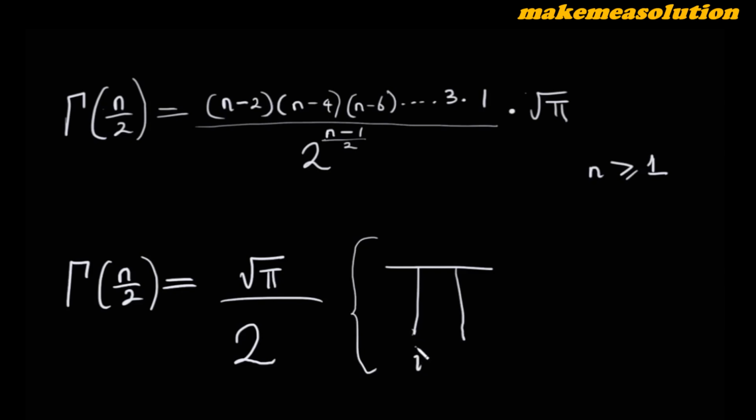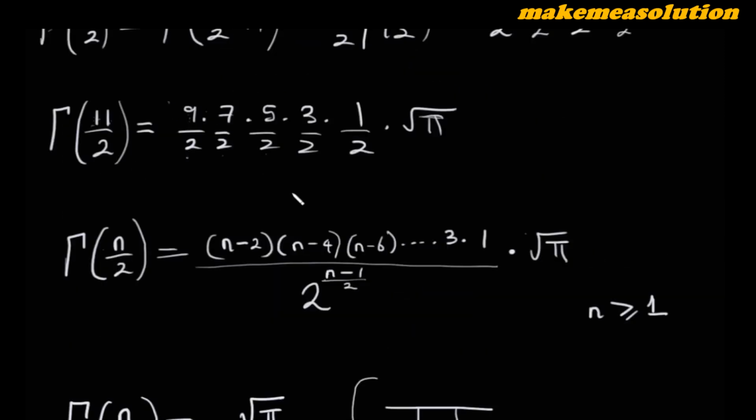From i equals 0 down to, so we are multiplying every odd number from 1 down to the last odd number before it. For 11, I'll check all the odd numbers between 1 and 11. That's 1 to 9. I'm not going to include 11.